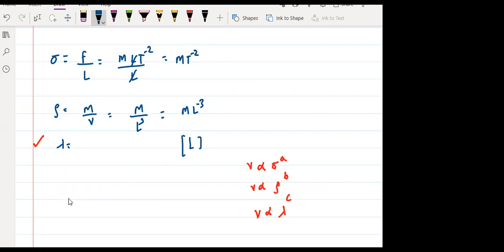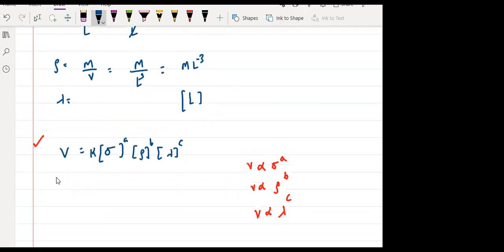So I can say the dimensional formula of V should be equal to some constant K, then the dimensional formula of sigma to the power A, dimensional formula of rho to the power B, and dimensional formula of lambda to the power C. This is what we do. The dimensional formula of velocity is L T to the power minus 1.